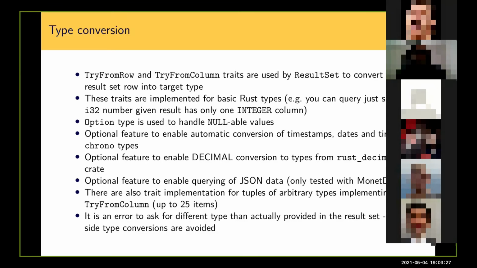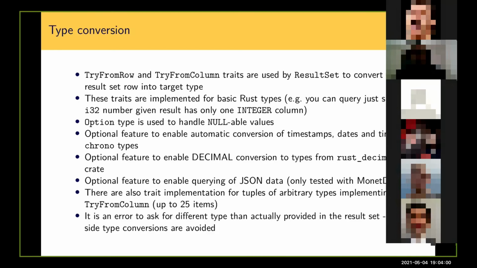There are a few optional features that I've added. For handling timestamps, I've added support for chrono types. Chrono is a date-time library for Rust, which is very popular and quite powerful, and you can get chrono types straight from the query. So for instance, if you use dates, times and timestamps, all of that is implemented. There is also an optional feature to enable decimal.